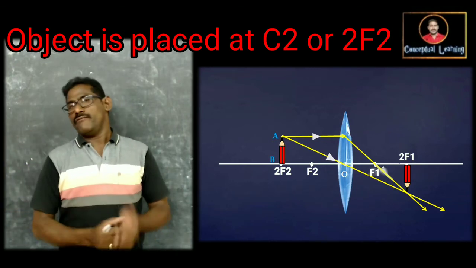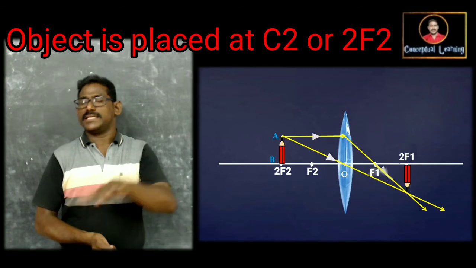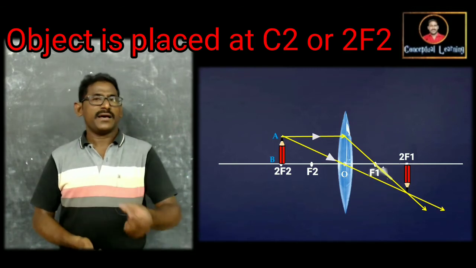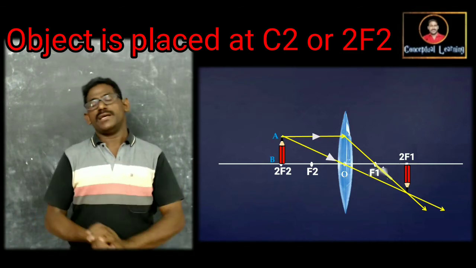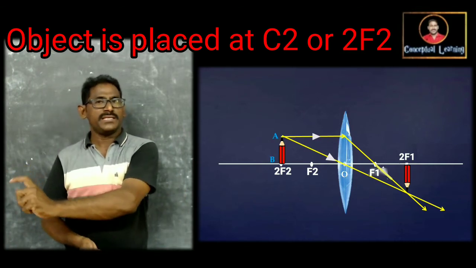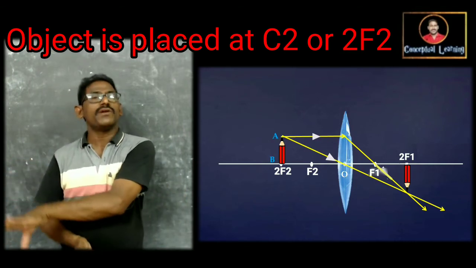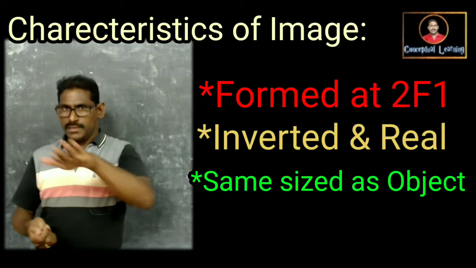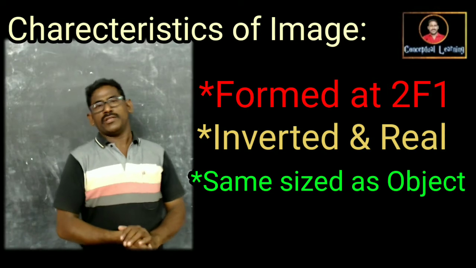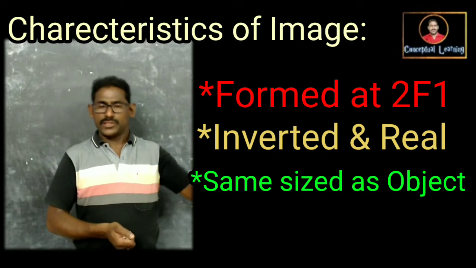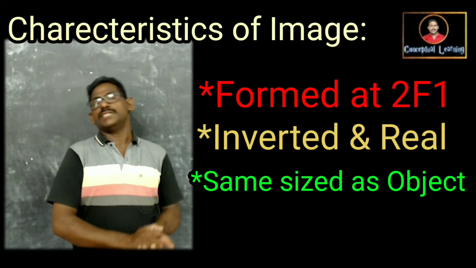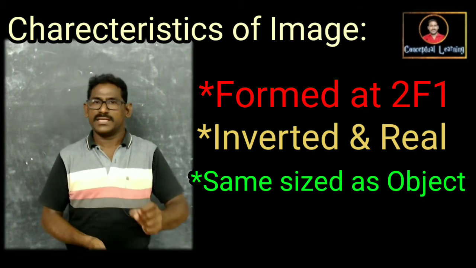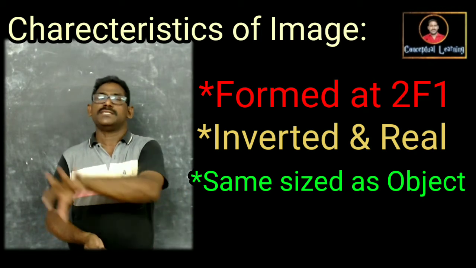That means when the object is placed at 2F2, the image is formed at 2F1. It is a real and inverted image. If you observe the size of the image, it is equal to the size of the object. That means the same size is formed. So when the object is placed at 2F2, the image is formed at 2F1, which is a real, inverted and same sized image.